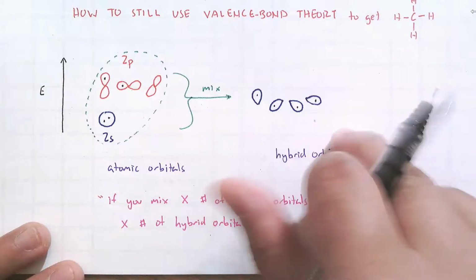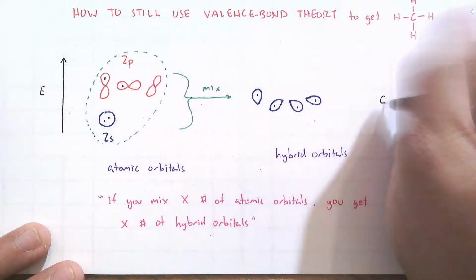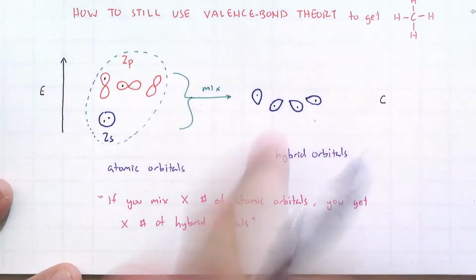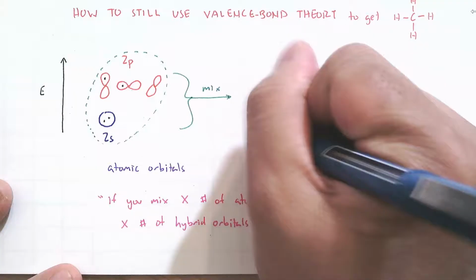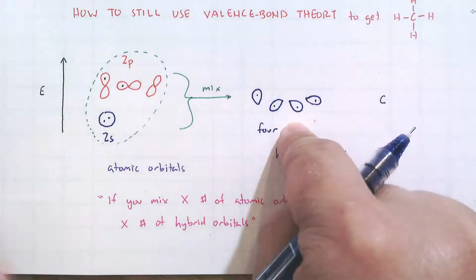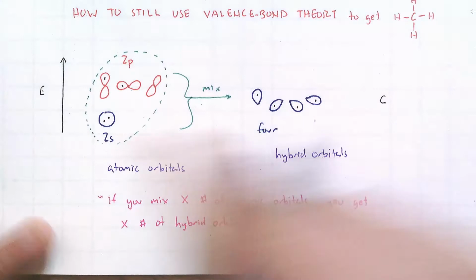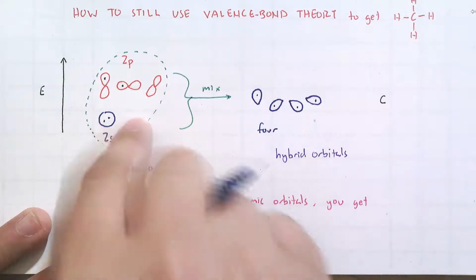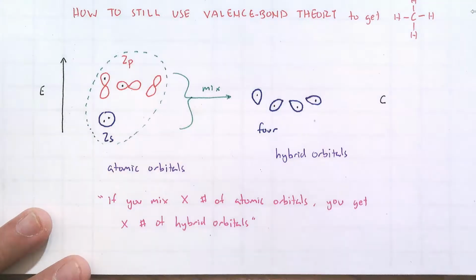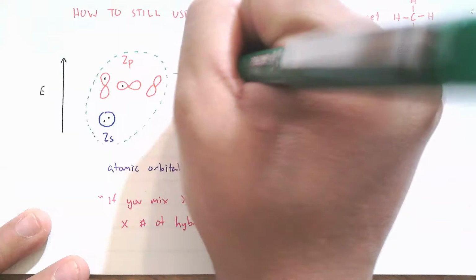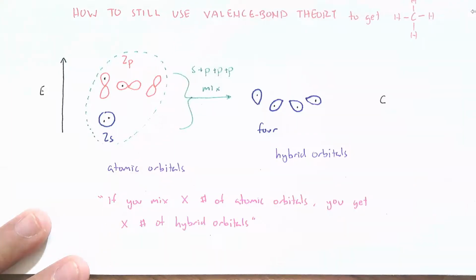And if I put it all together, you're going to see something very familiar. By the way, let me just label this. How do we name this new type of hybrid orbital? You just label it with the name that indicates what you mixed. So I literally mixed an s plus a p plus a p plus a p.